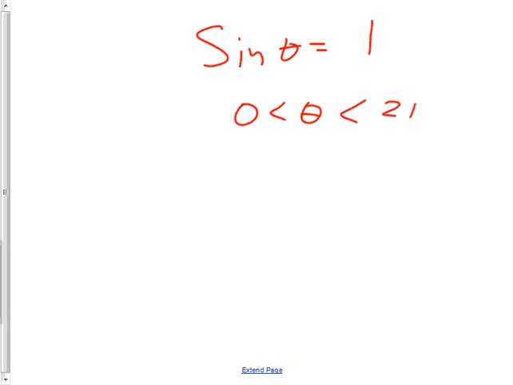All right. Next, we need to get to one of these kind that are kind of annoying because you can't draw a triangle for them. Okay? All right. Sine of theta is equal to 1. And I want to know between 0 and 2 pi, which means I want the answer in radians.